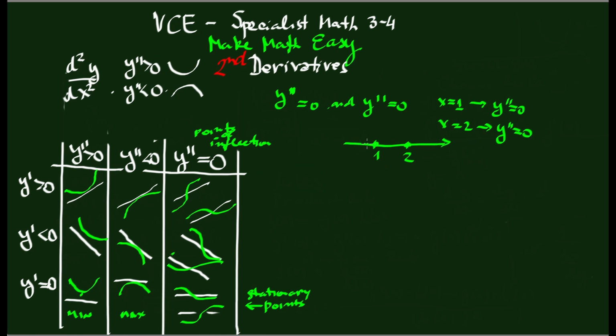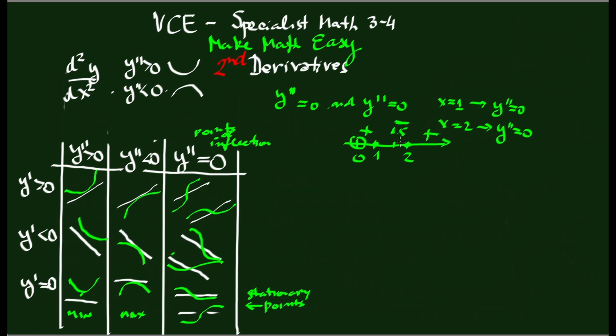So we test the function for the value, say 0, and the value 1.5, and see, for example, that before 1 the second derivative is greater than 0, and after 1 the second derivative is negative, and then here the second derivative is also positive.